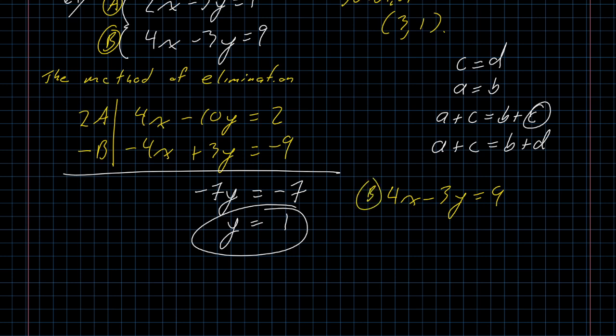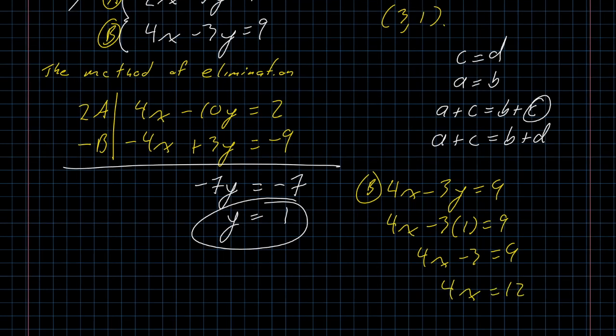I'll remind myself that this is equation B, and I chose that one because it's the one that's still entirely on the screen and I remember what it is. I'm then going to plug in my value of y, and solve for x. Doing so gives me that x is equal to 3.